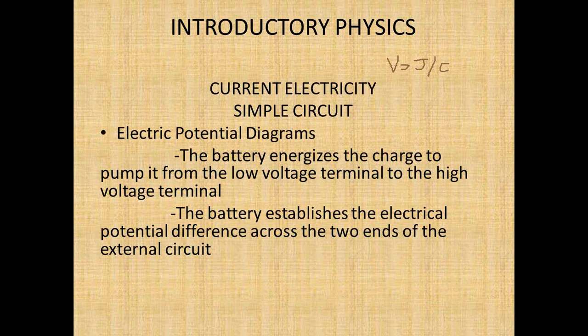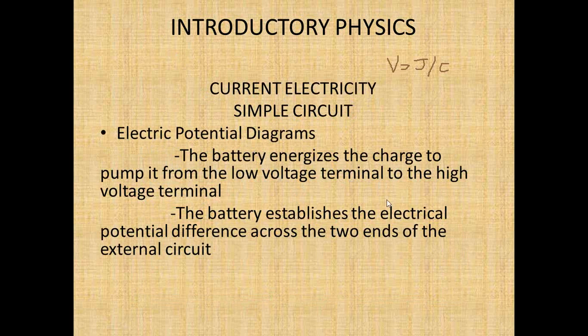And once they get that positive charge moving from the negative or the low potential terminal to the high potential terminal, then the positive charge is naturally going to flow through the wire towards the low potential terminal. Okay?